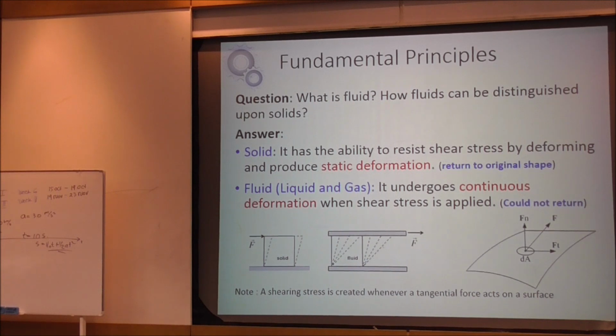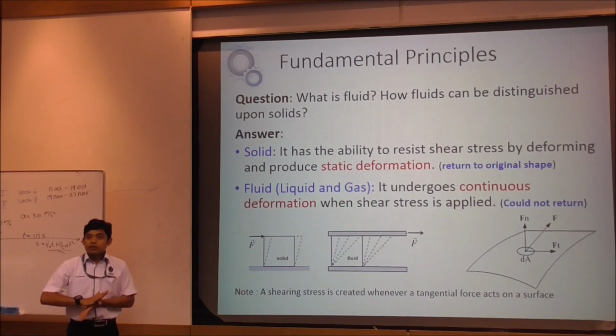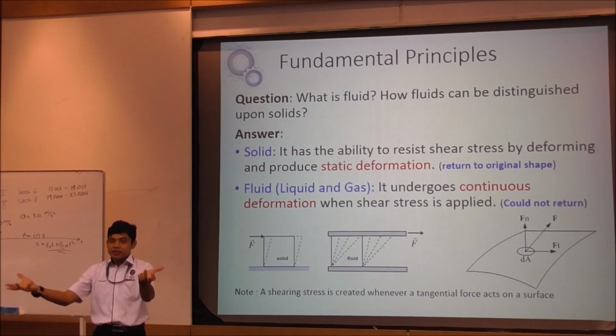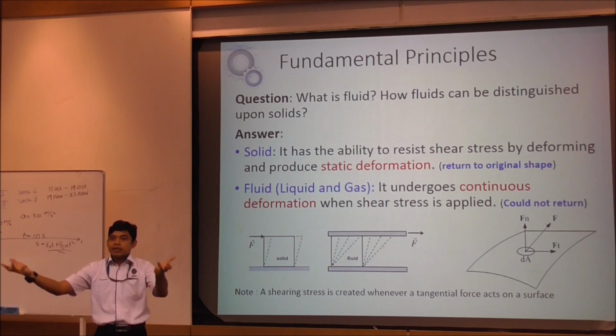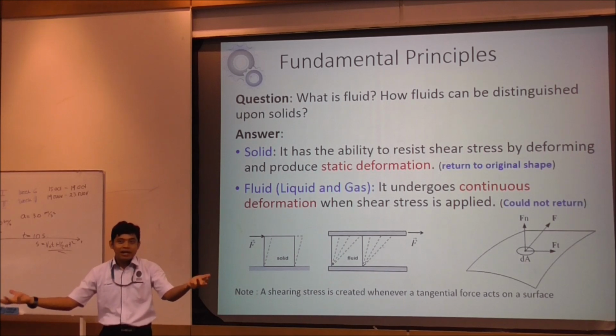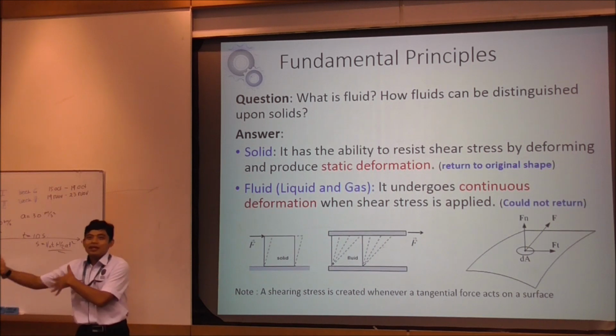So solid, you know the difference between solid and fluid. If you are talking about stone and water, you can differentiate it easily. This is fluid, this is solid, right? But some material like polymer is neither solid nor liquid. Sometimes it behaves like a solid, sometimes it behaves as liquid.